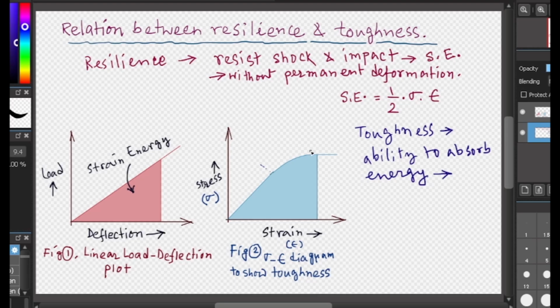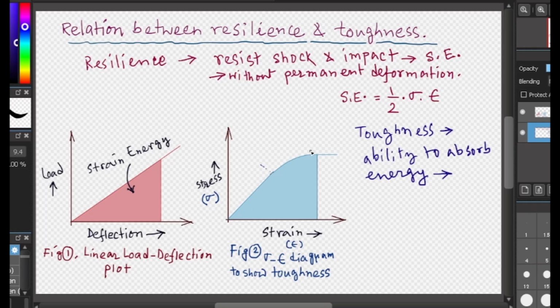It is showing inelastic property. So both elastic and inelastic property is shown over here, so it includes the inelastically deformed zone also, as shown in figure 2.